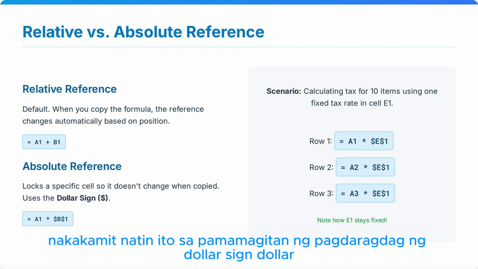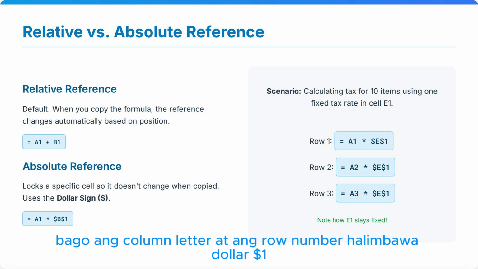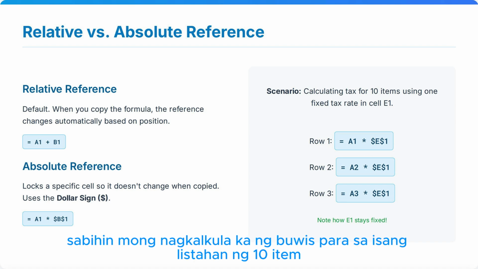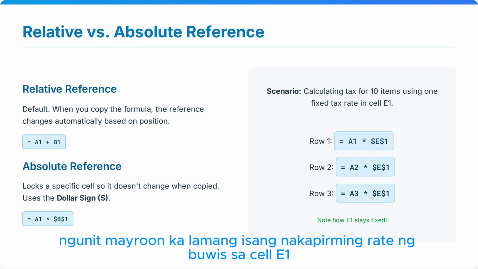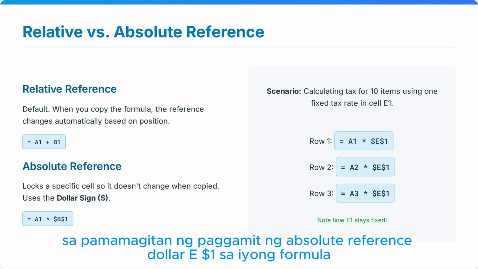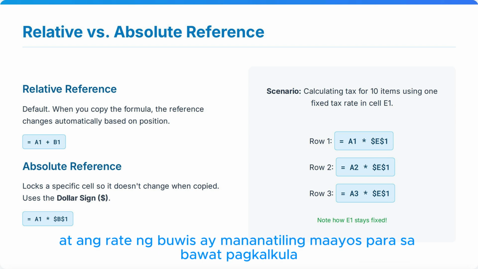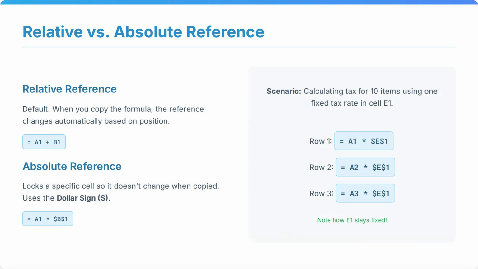We achieve this by adding the dollar sign before the column letter and the row number, for example, $E$1. This is vital when, say, you are calculating a tax for a list of 10 items, but you only have one fixed tax rate in cell E1. By using the absolute reference $E$1 in your formula, you can copy it down the column, and the tax rate will remain fixed for every calculation.